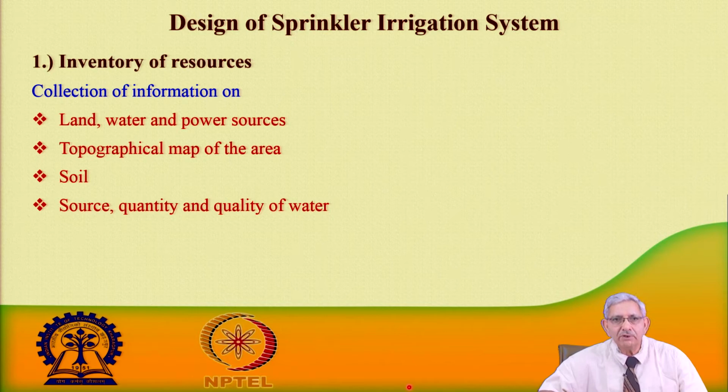Inventory of resources means how much land we need to irrigate and how much water is available, whether it is of adequate quantity, and what the source of water is: groundwater, surface water, pond water, or a flowing river or stream.